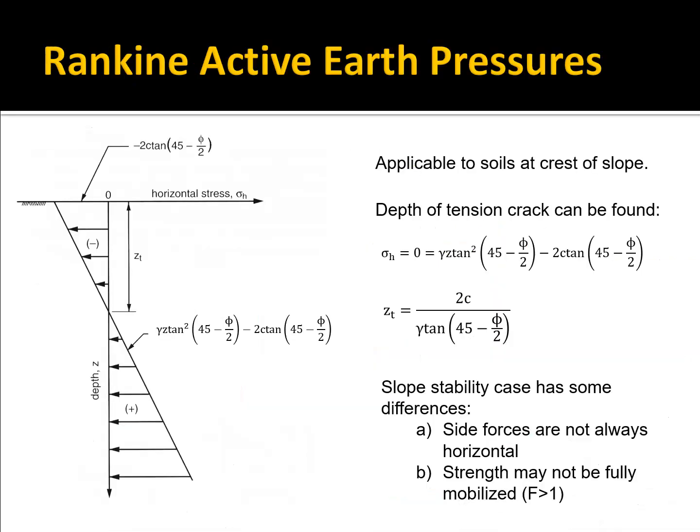All right, so if you recall from soil mechanics, there's something called Rankine active earth pressures, and if you have a soil with cohesion, and you plot the horizontal stress, sometimes called lateral stress, versus depth, there's a period at the top where that is negative, and then there's a transition point at a depth z_t, and then it becomes positive.